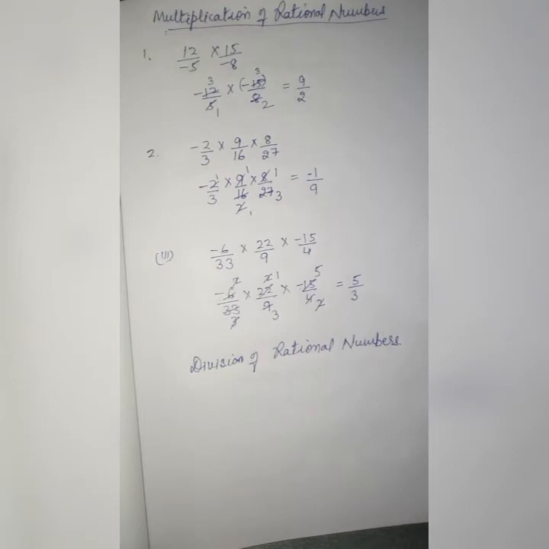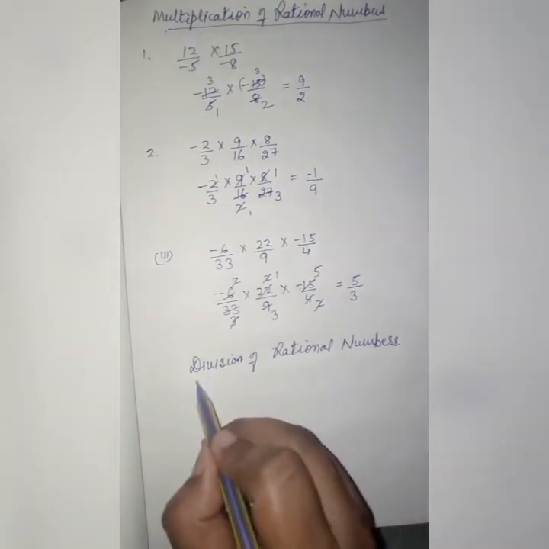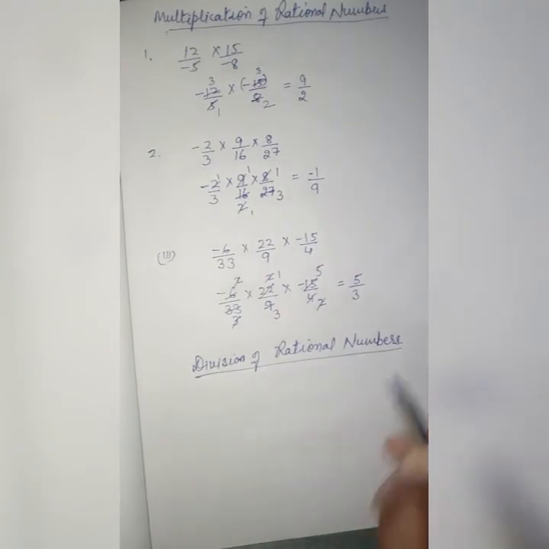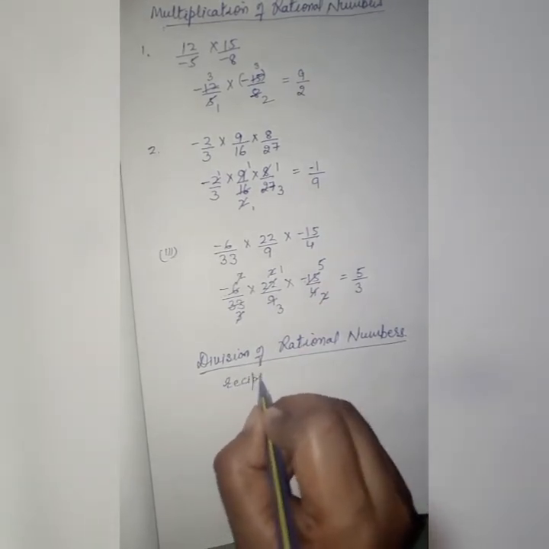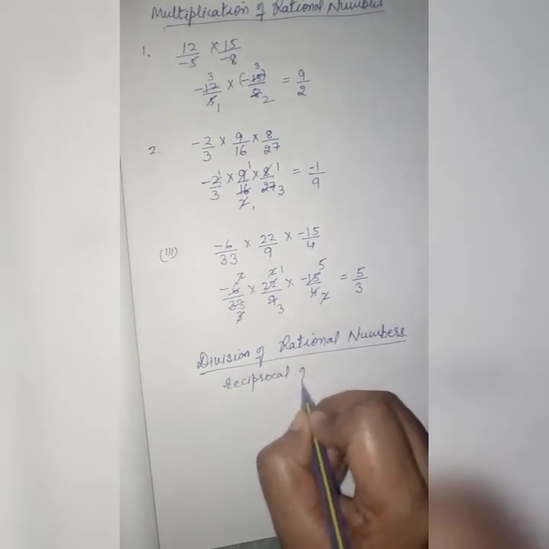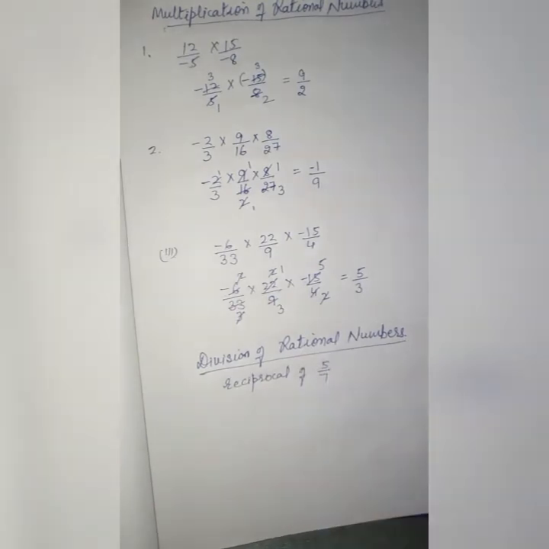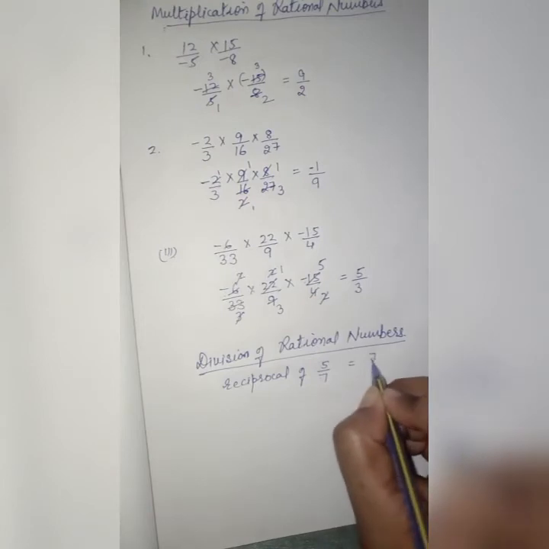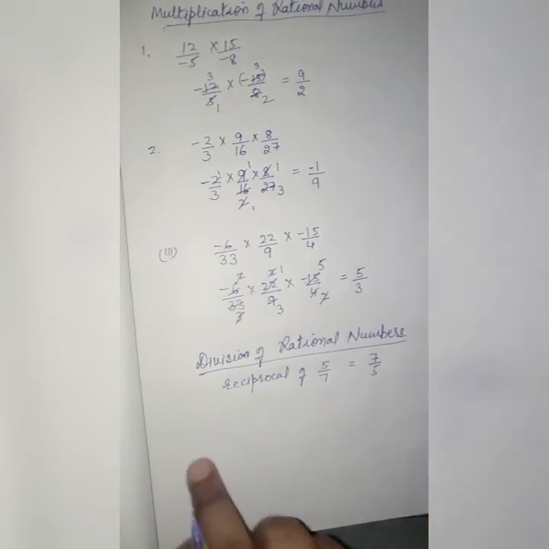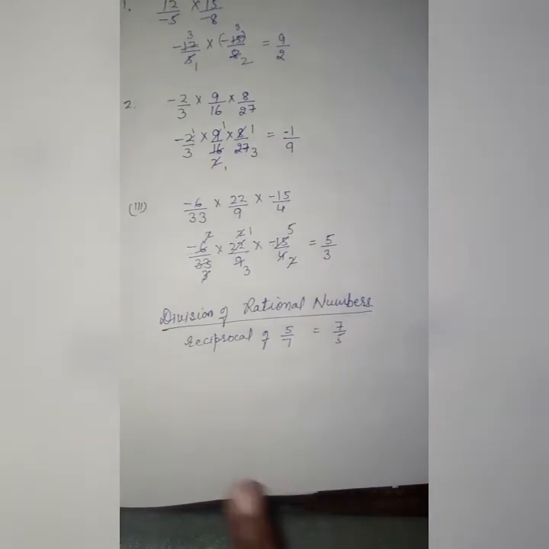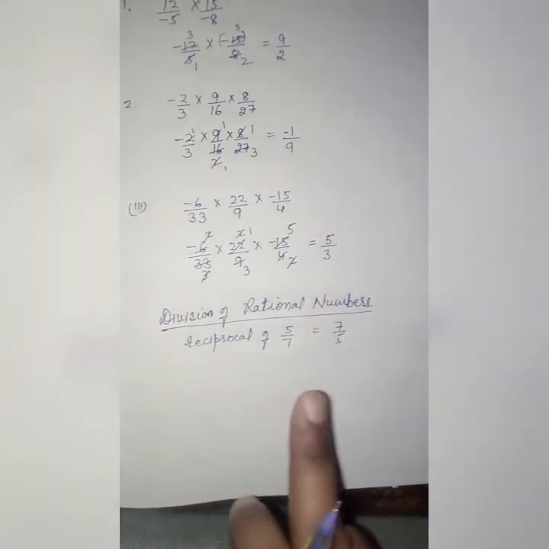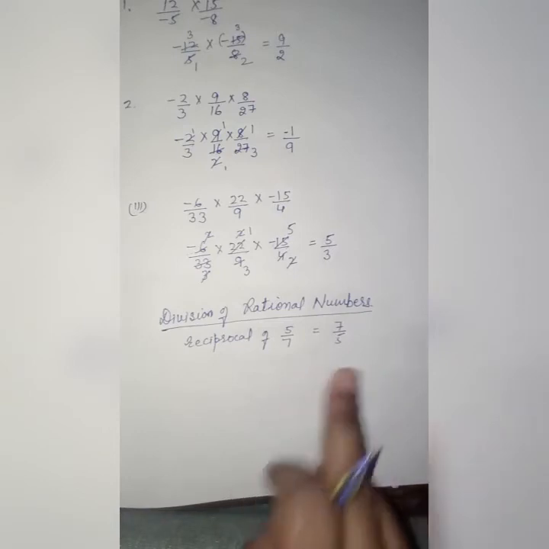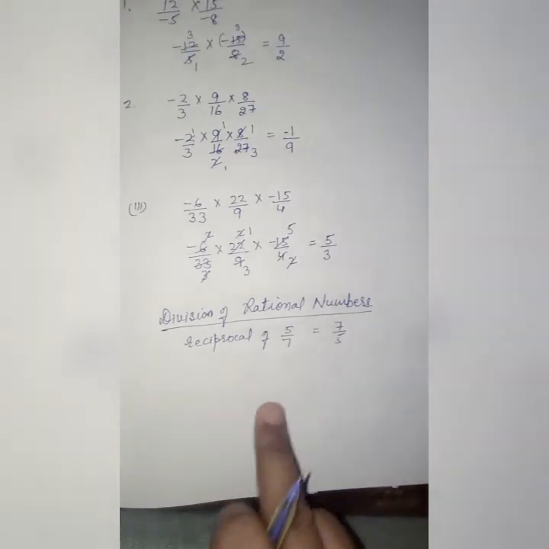First of all, you should know how to take the reciprocal of numbers. See, you know that the reciprocal of 5 upon 7 is equal to 7 upon 5. So when you are dividing two rational numbers, you should know the reciprocal of the second rational number. Only then can you solve it.